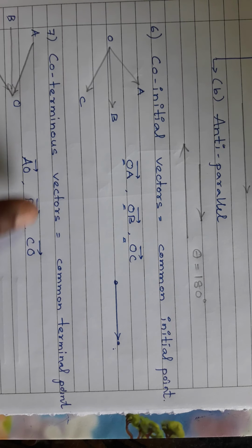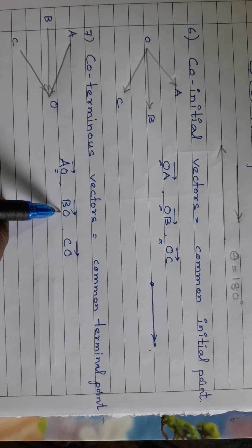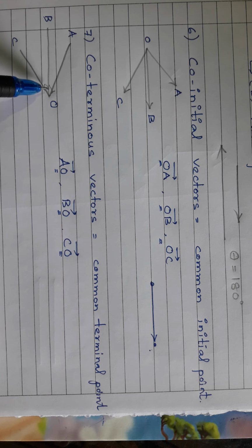Similarly, coterminous vectors means vectors having common terminal point. So AO, BO, CO, O is the terminal point, ends at the same point. So they are coterminous vectors.